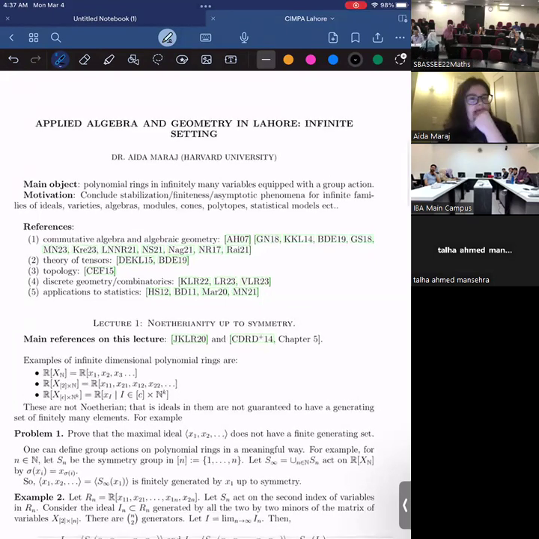So, okay, what is applied algebra and geometry in the infinite setting? The main object of this course are polynomial rings in infinitely many variables. And in order to have some control over objects in these settings, we use group actions.